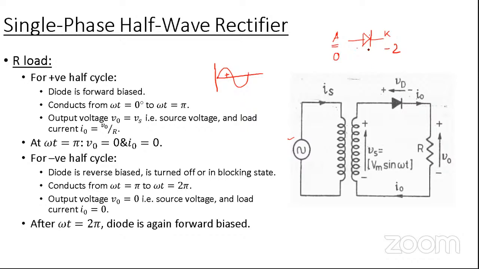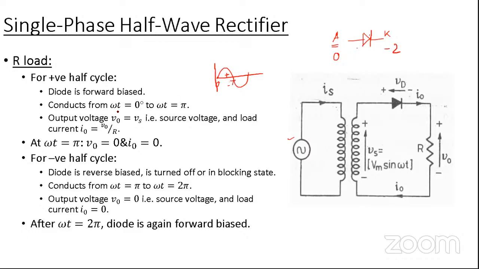But every diode has a certain threshold voltage, and when the anode voltage is more than the threshold voltage with respect to the cathode, then we can say that the diode is in forward bias condition. So for the positive half cycle, the diode is in forward bias, and if you neglect the threshold voltage, we can say the diode is basically operating from 0 to pi in this region.